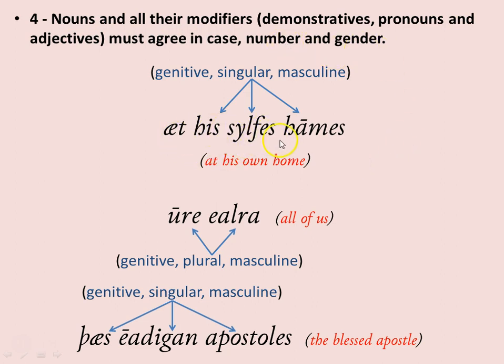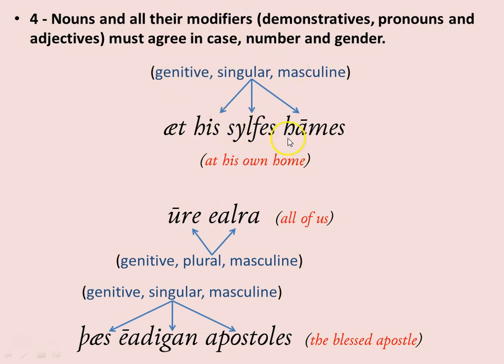At his sulves harness, at his own home. Now notice here, his sulves harness are all in the genitive, singular, masculine. And because they have this grammatical agreement, that gives them grammatical meaning, and it must be interpreted in that sense. It must be interpreted in that way because grammatically they are connected to each other.